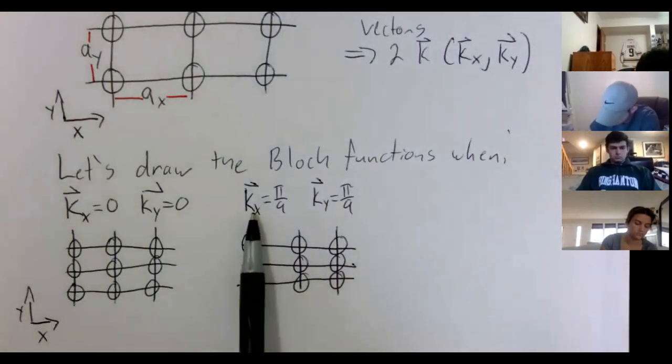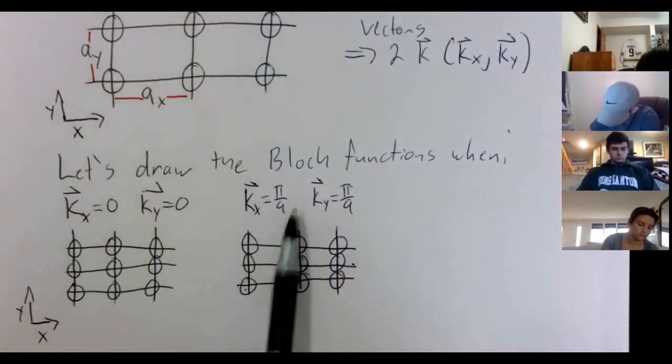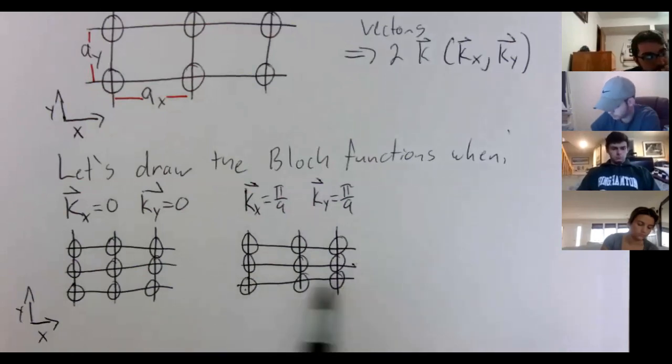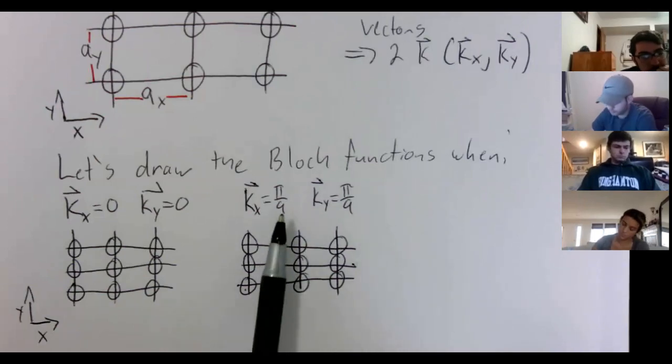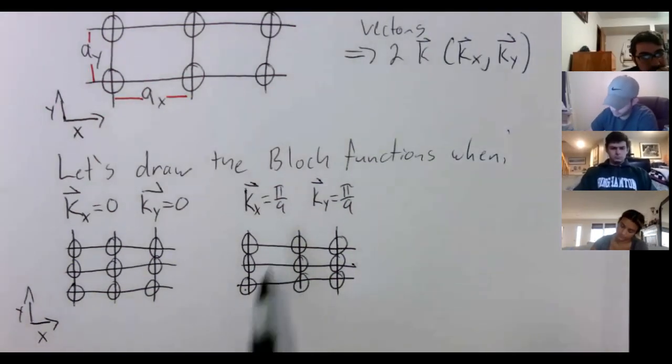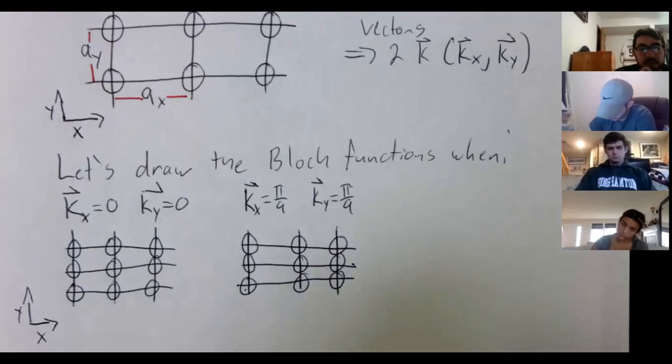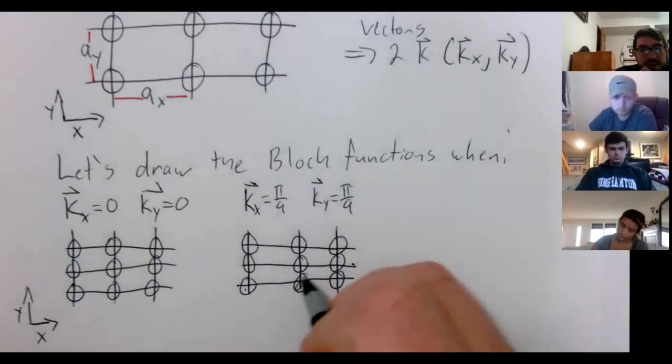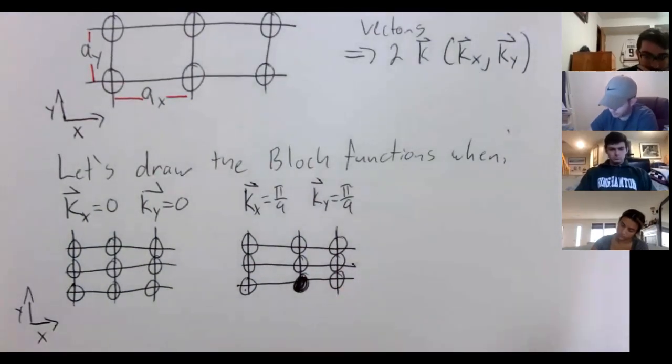Let's consider kx first. Across this way, what should happen to this Bloch function? The middle should be filled in, and the two outsides will stay the same. Yep, so that one should be filled in, right?